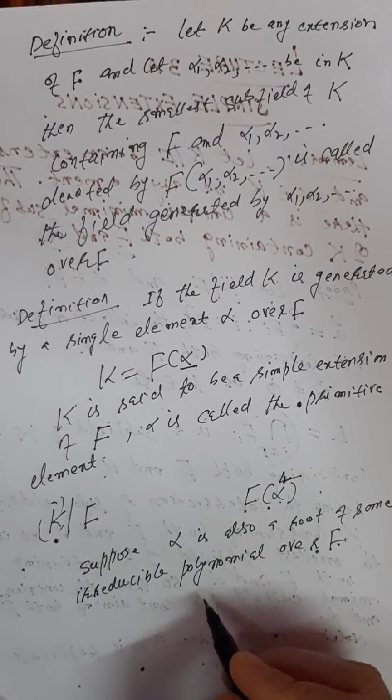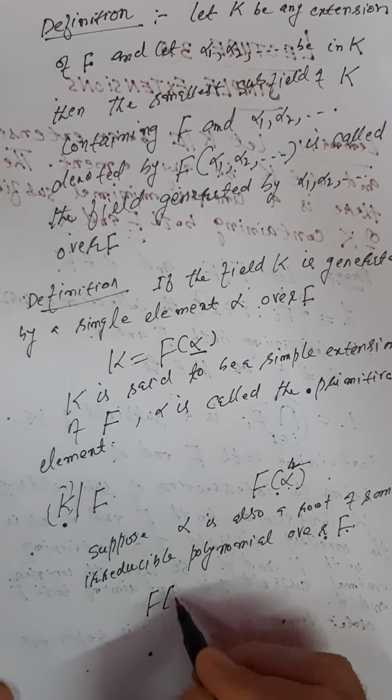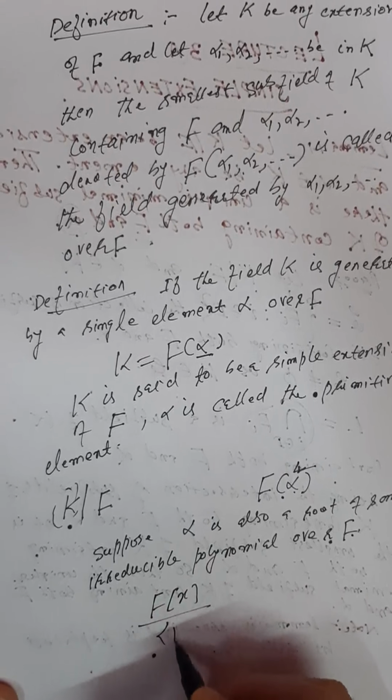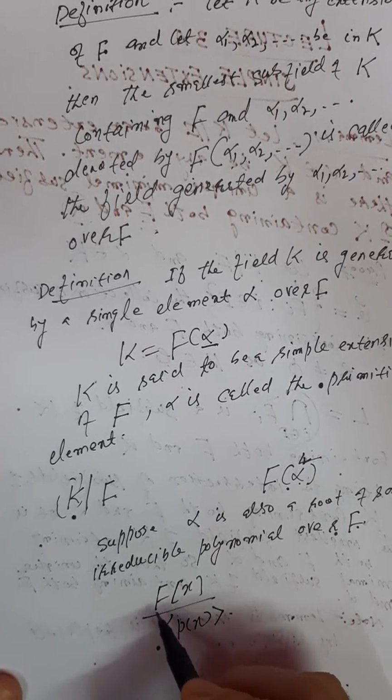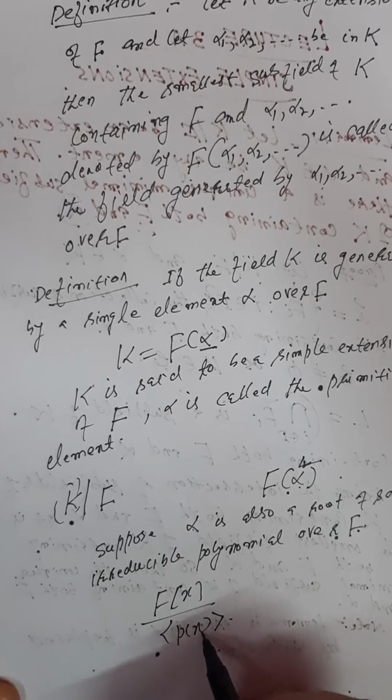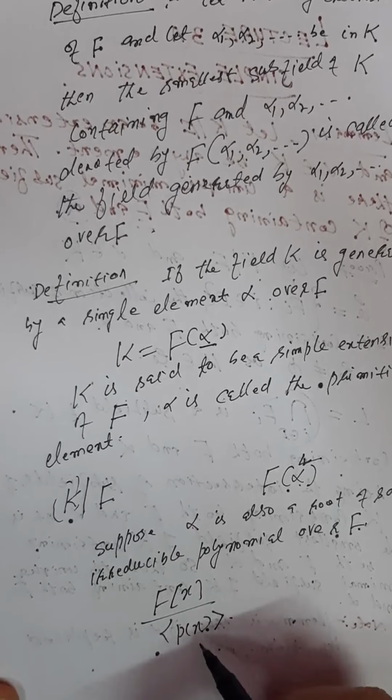And what is that? That extension is nothing but F[x] over the ideal generated by this irreducible polynomial p(x), where alpha is a root of this irreducible polynomial p(x).